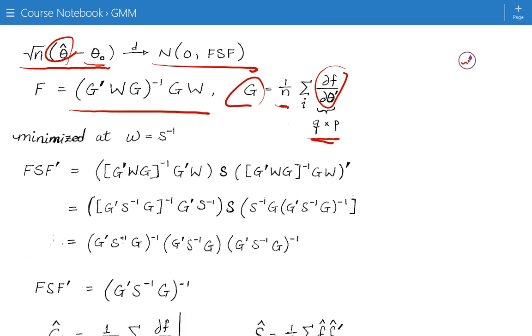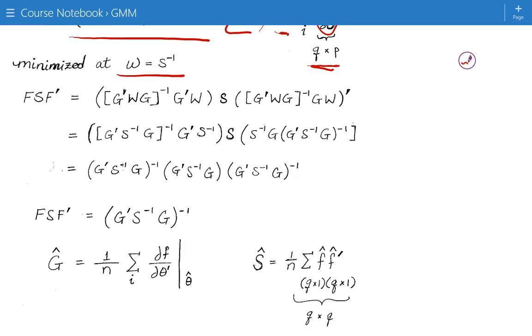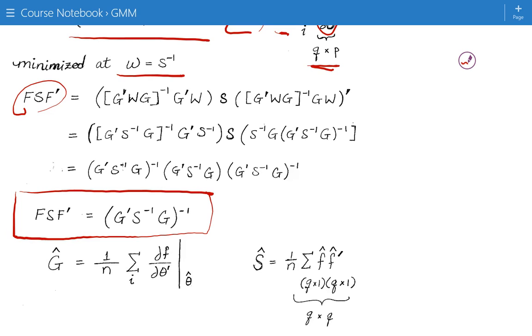And it's minimized at W equal to S inverse. So if you set W equal to S inverse and work through that FSF transpose matrix, it comes down to simply G transpose S inverse G, that whole quantity to the inverse.